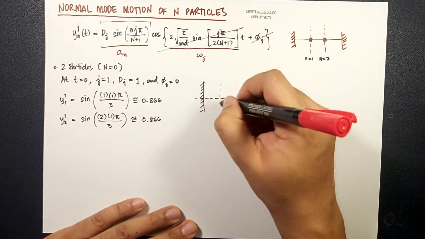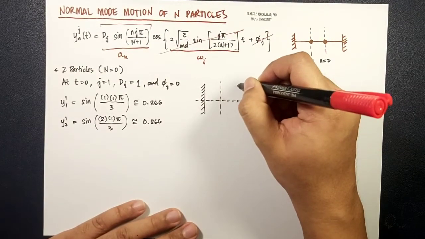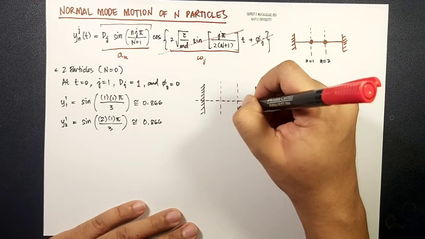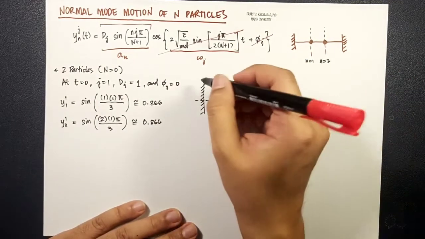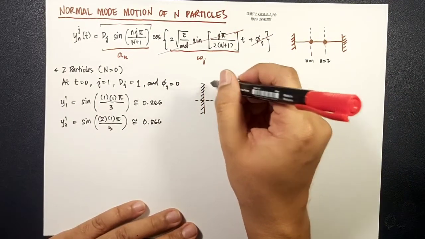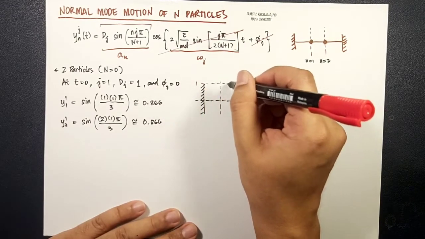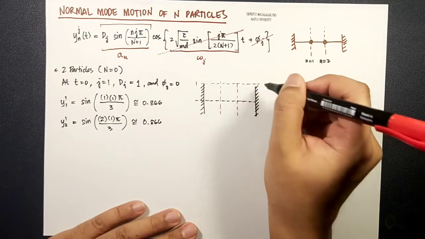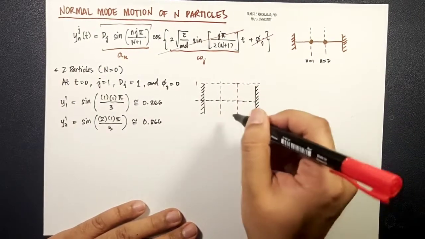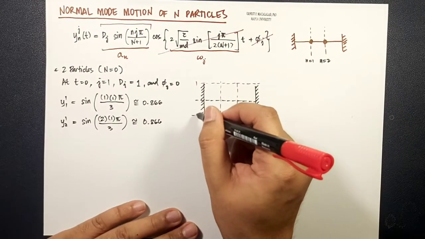Let's say this is equal to 1, I hope you can see it in the video, and this is equal to negative 1.